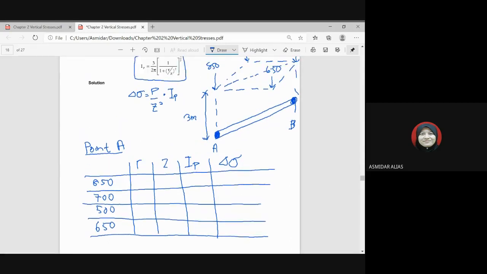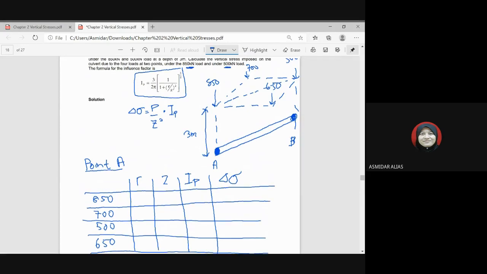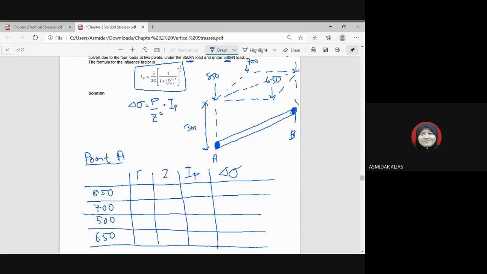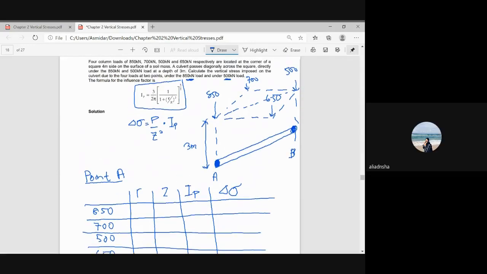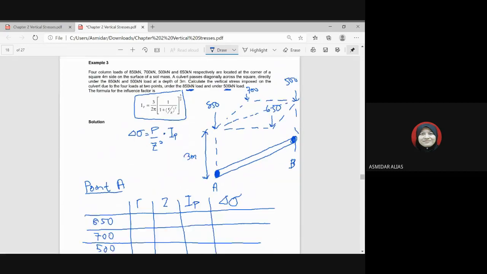Okay, saya bagi contoh untuk 800 betul-betul dekat bawah load 800 ni, point A ni. Okay, what will be the R value? Kosong. Okay, alhamdulillah. Betul-betul dah faham konsep dia.